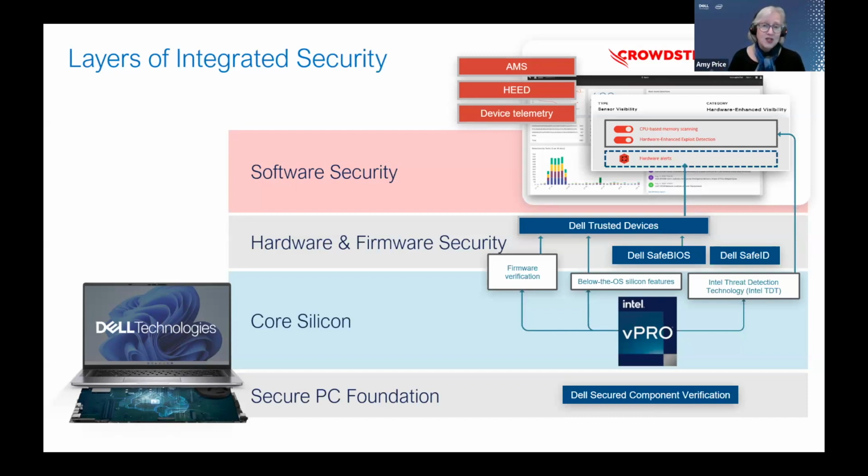So if you have a separate security operation within your organization, they're the ones who are going to be running CrowdStrike. They're going to be seeing the alerts. They're going to be taking action. They're going to be trying to detect things very quickly. And this is one great way to do it, because you can see when something fails BIOS, and you can also see the TDT and incoming information from the Intel vPro. So all that's coming together for memory scanning and detecting some of these really bad attacks. So that's like the security side.